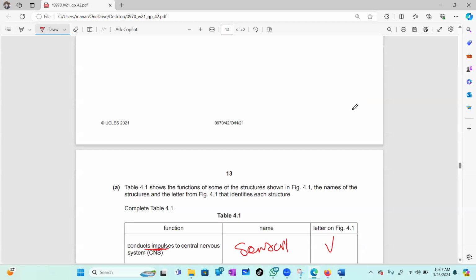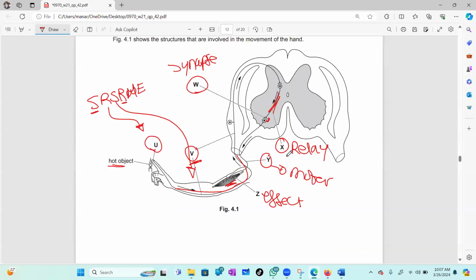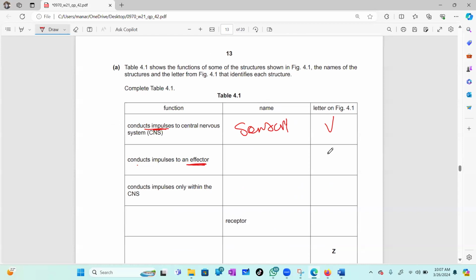Okay, that conducts the impulse to an effector. So here they're talking about the relay. We said the relay will be the X. I just don't want to waste time. We already said it. So X will be the relay. We write relay here. And what will conduct impulses only within the central nervous system? No, this is wrong. I made a mistake. What's my mistake? What will conduct an impulse to the effector? The motor. Yes, correct.